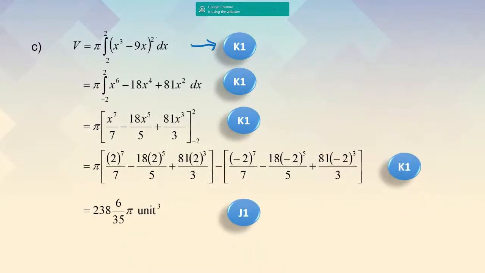So this one, the formula must have square and pi. Then expand, integrate, substitute, upper limit minus lower limit, then final answer.